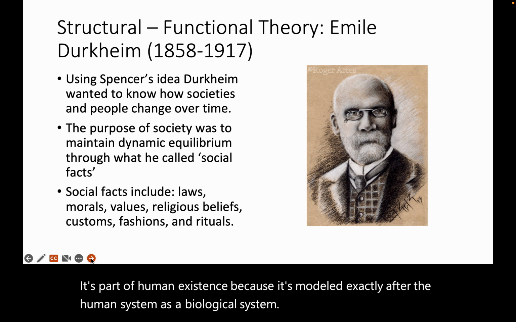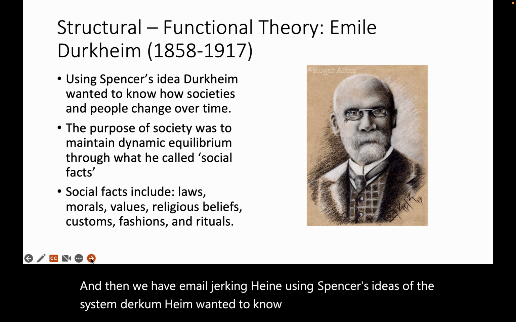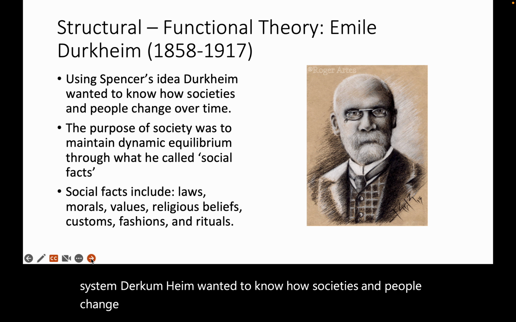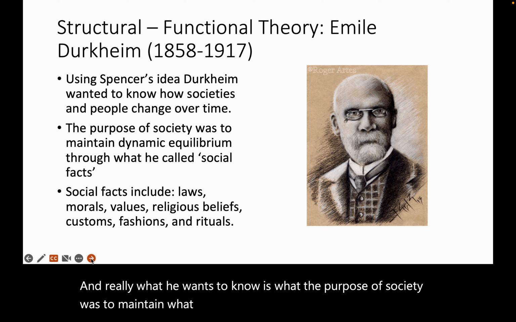And then we have Emil Durkheim. Using Spencer's ideas of the system, Durkheim wanted to know how societies and people change over time. And really what he wants to know is what the purpose of society was, to maintain what we call a dynamic equilibrium.